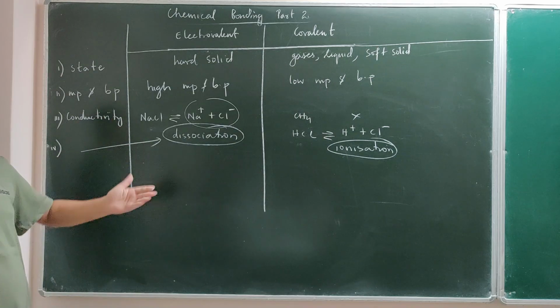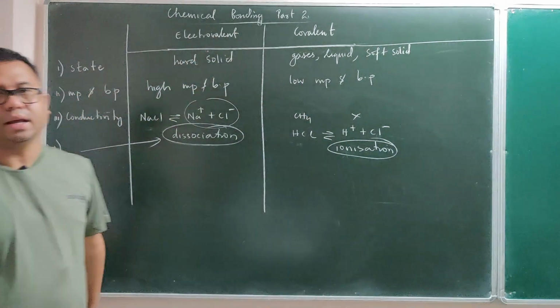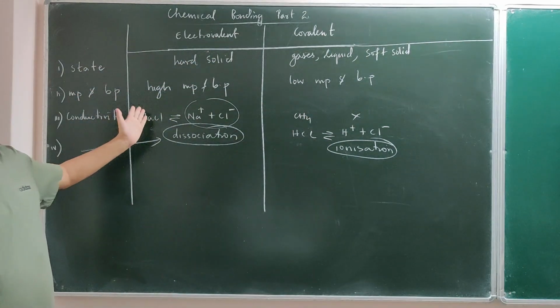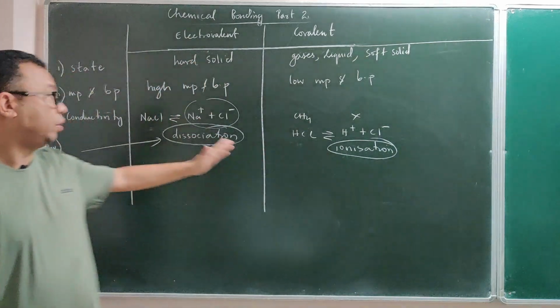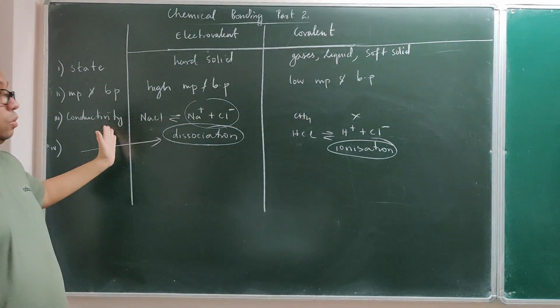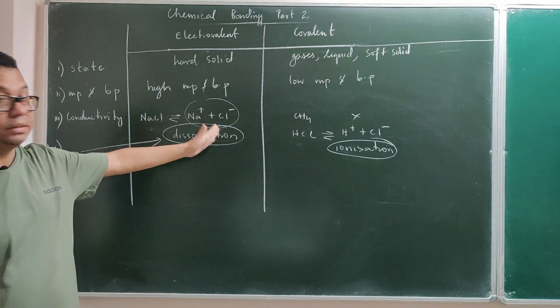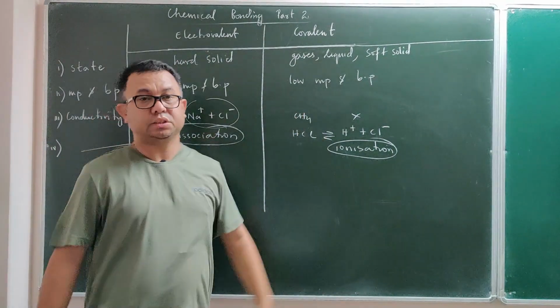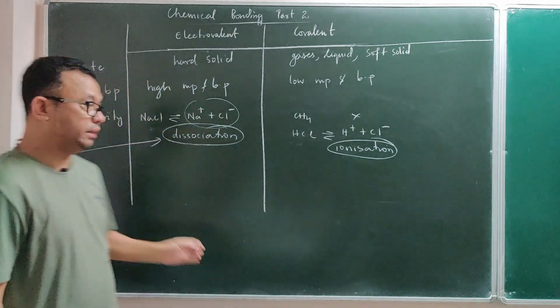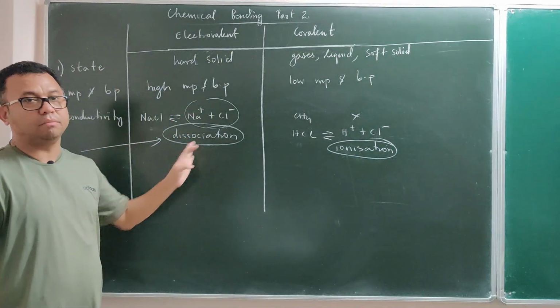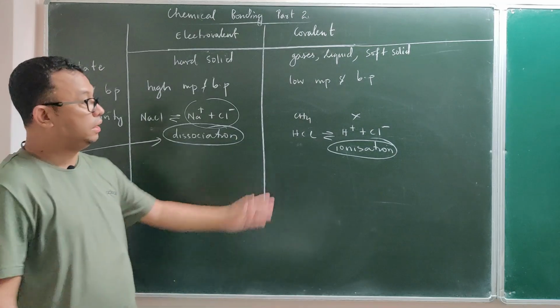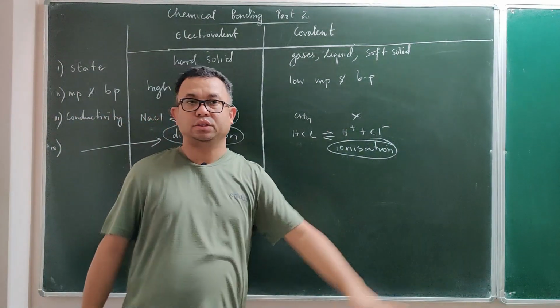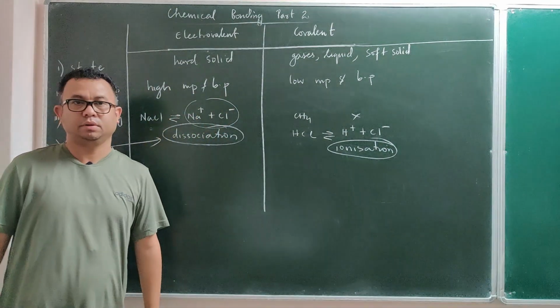If asked for the difference, you can say electrovalent compounds are hard solids, while covalent ones are gases, liquids, and soft solids. Electrovalent compounds have high melting and boiling points; covalent compounds have low ones. Electrovalent compounds consist of ions, so they conduct electricity, while covalent compounds consist of molecules and don't. Finally, when electrovalent compounds break into ions we call it dissociation, and when polar covalent compounds break into ions we call it ionization.